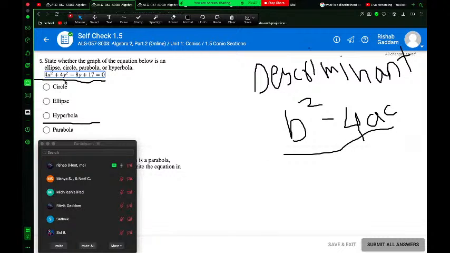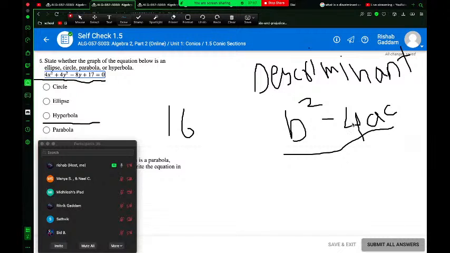So I think the first thing we should do is plug in the values. We have 4 squared, which is 16. I got the 4 from here.